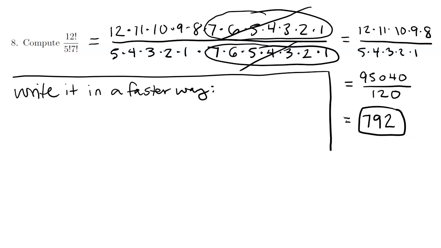And this will be especially helpful when we do examples later that maybe have larger numbers in them. So I'm going to rewrite the problem. 12 factorial over 5 factorial 7 factorial.